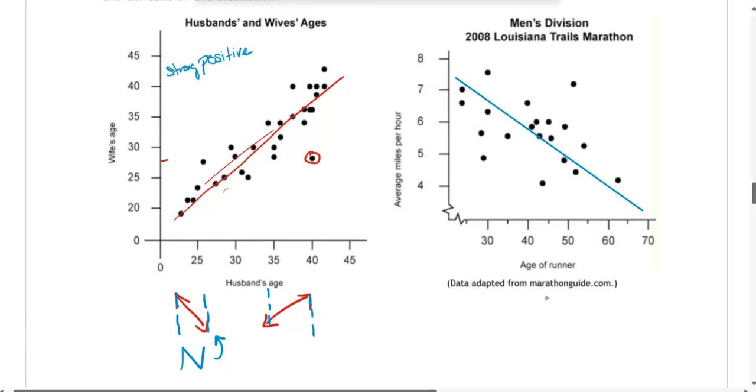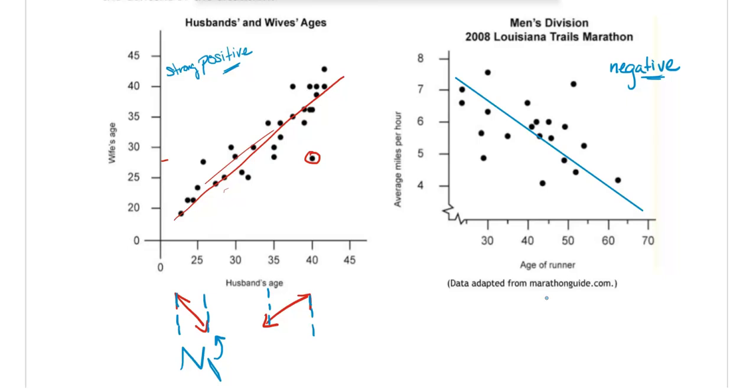So then this other one over here on the right is going to be negative, because if this one's positive, then this one's negative, since it matches what this one is doing.